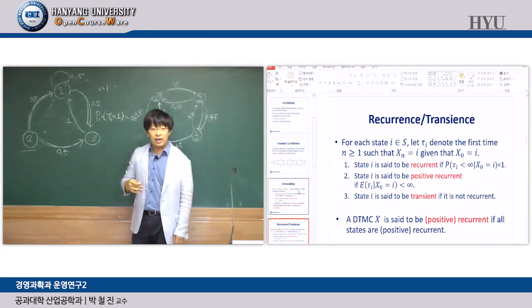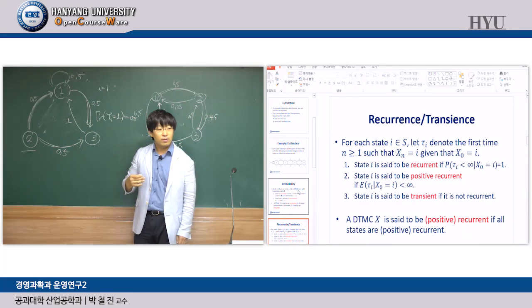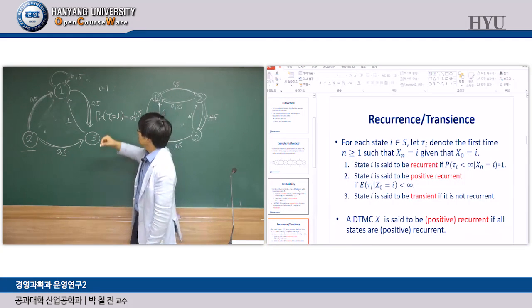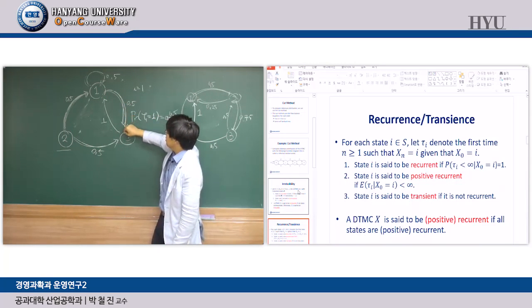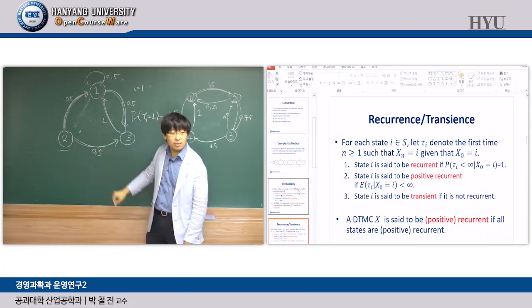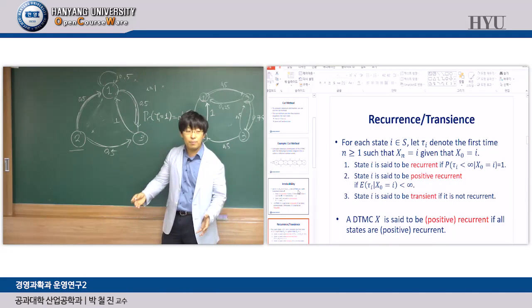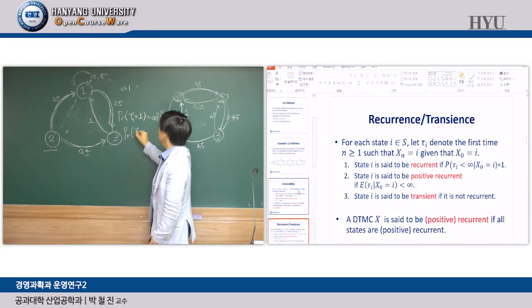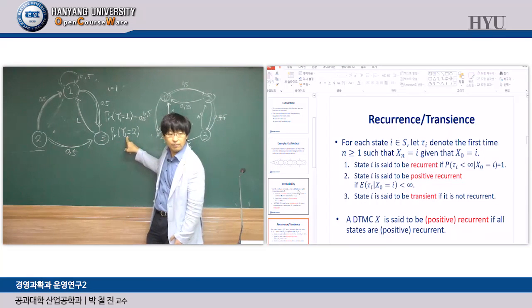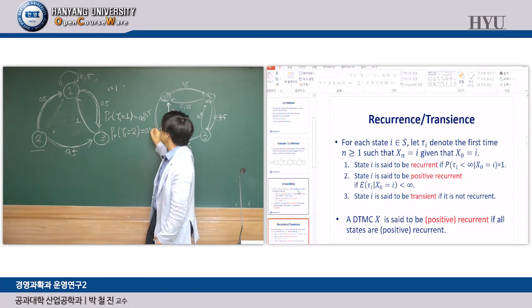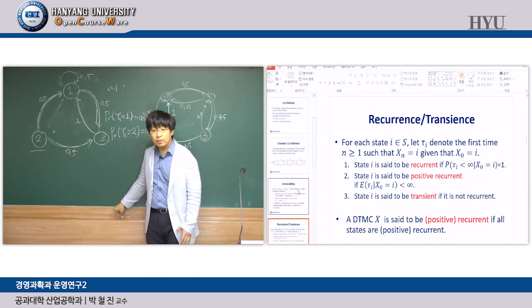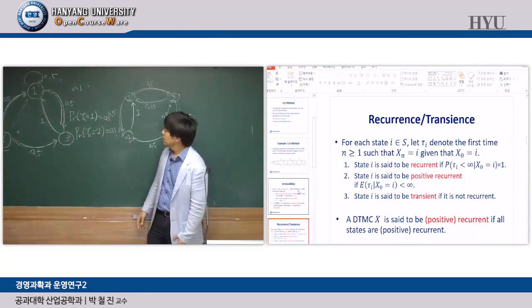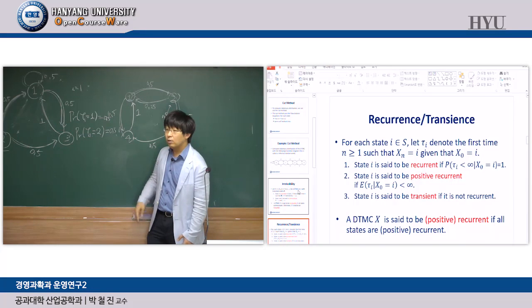Can you come back to the state 1 with 2 steps? Yes. How? This and this. Right? Any other way to come back to the state 1 with 2 steps? No. So the probability that tau 1 equals 2 is 0.5 times 1.